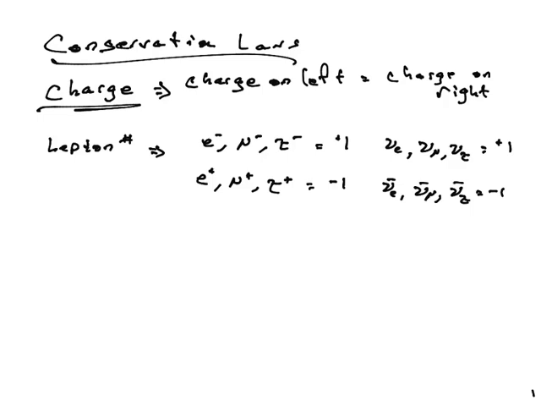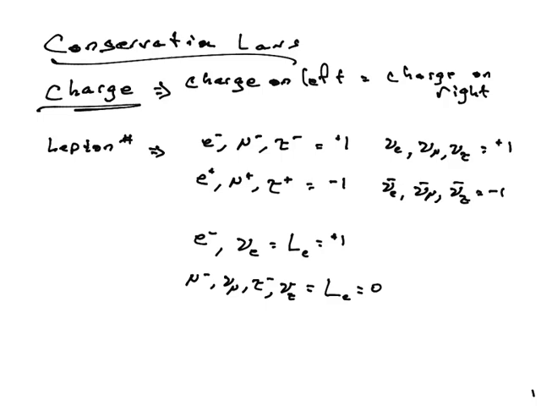So, for instance, an electron and an electron neutrino have an electron number of +1, but the muon, the neutrino mu, the tau, and the neutrino tau have electron lepton number of 0, because they're not electrons.